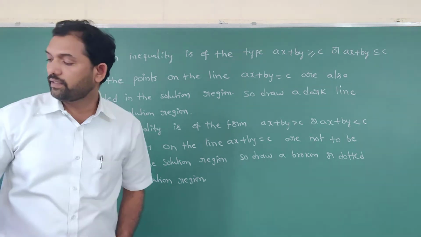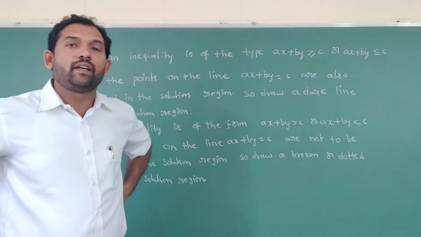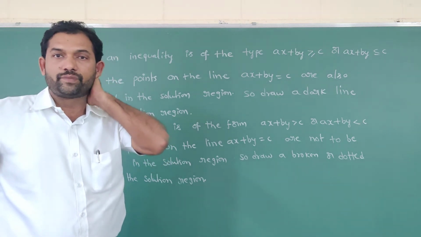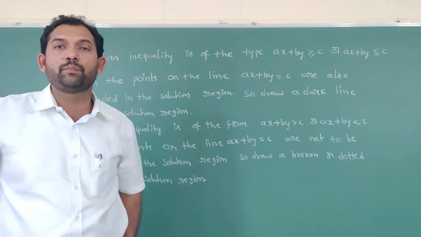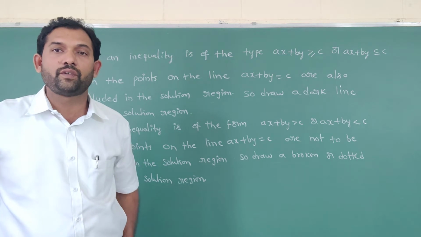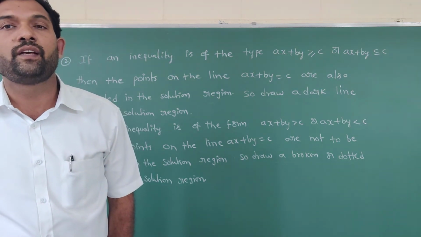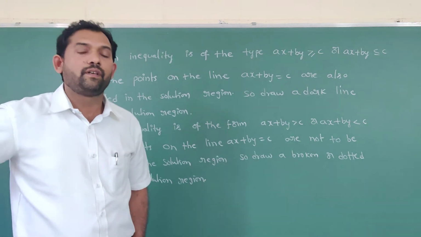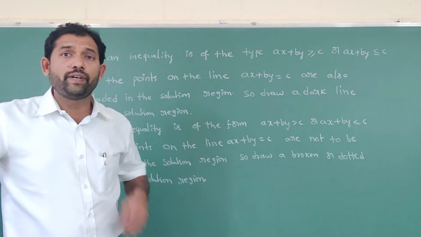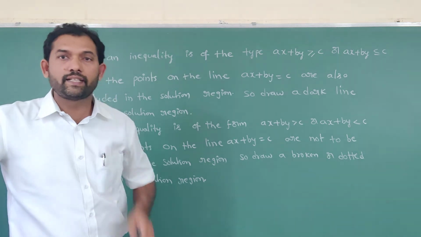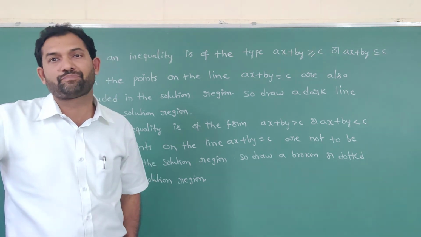So last class, about solution set on number line, we discussed just one variable. After that, two variables are given: one variable is x, other variable is y.